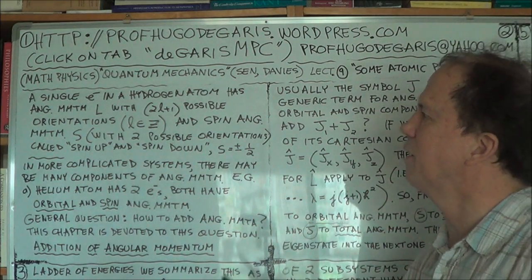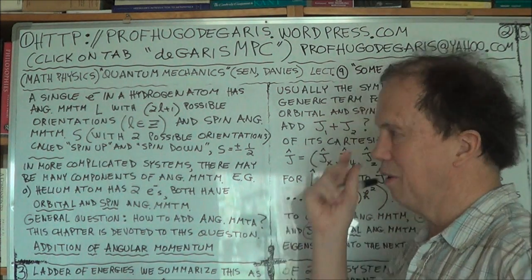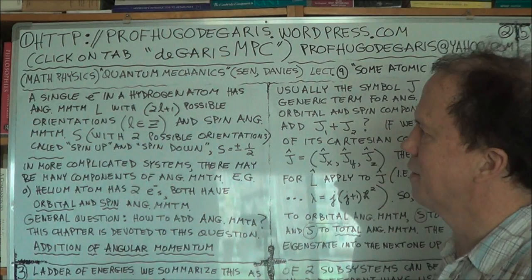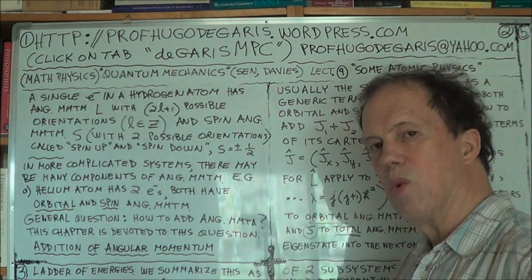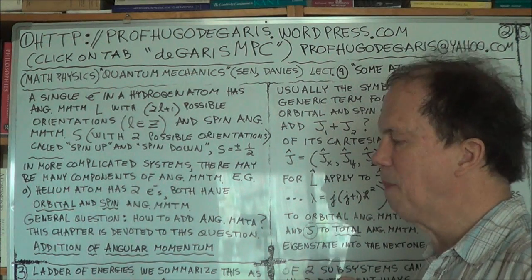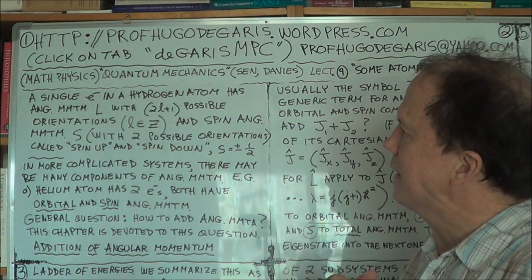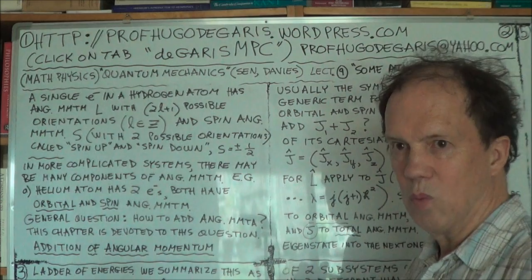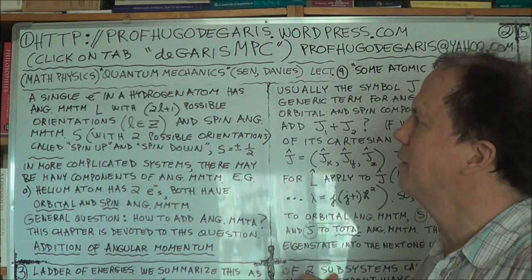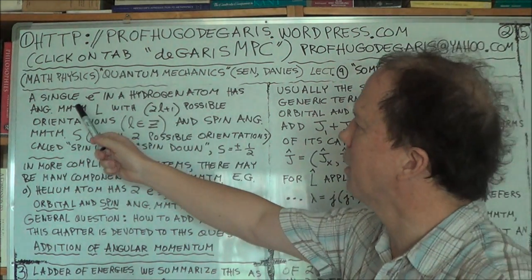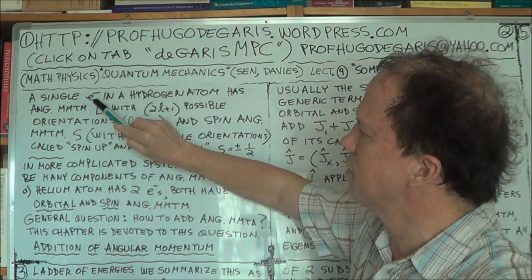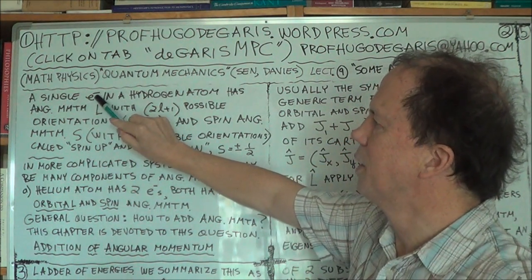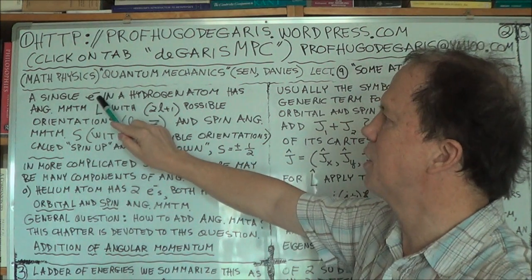Let's recap a little of what we've done already in the simplest case, a system with one electron. Then it's one angular momentum, if you like. So we talk about a single electron. The symbol I use for electron is little e with a superscript minus for the charge.